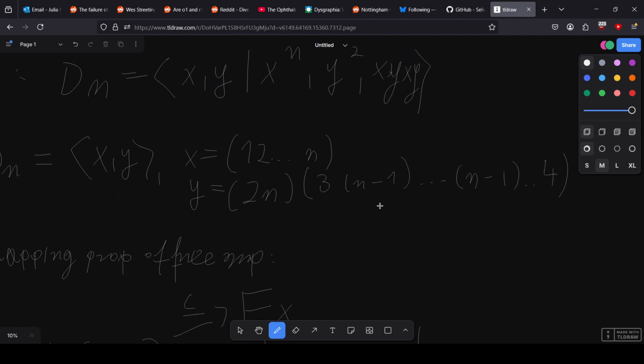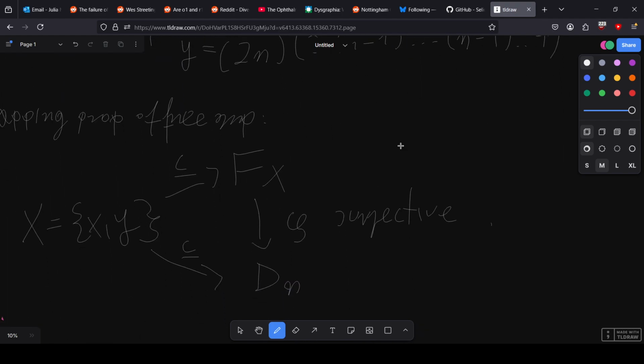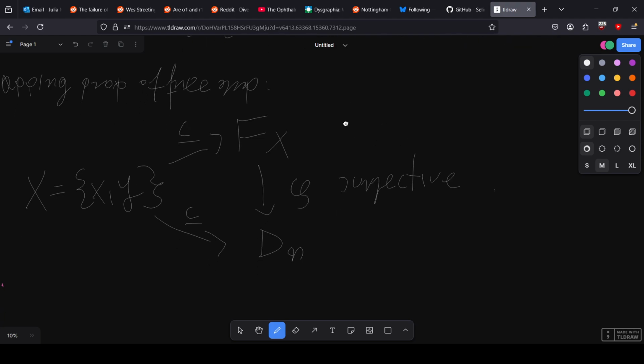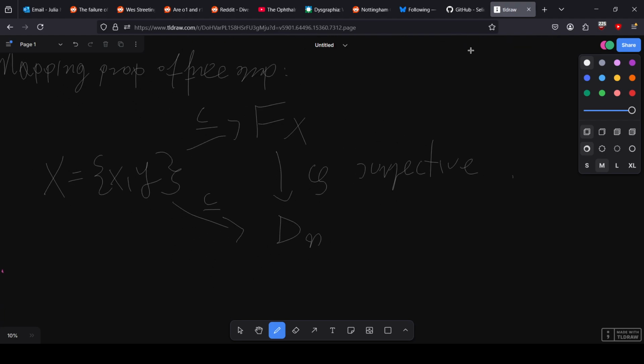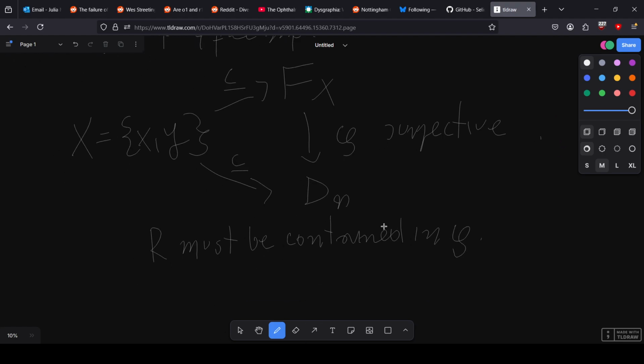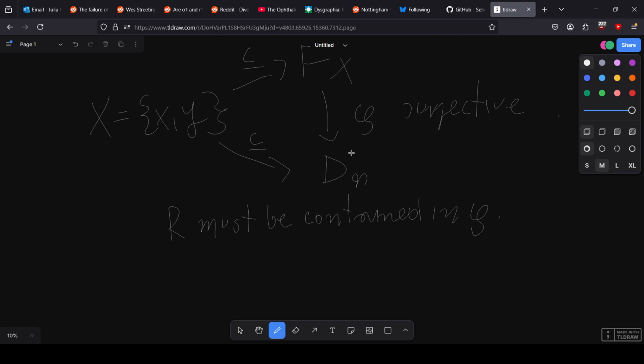Now, via the mapping property of normal subgroups, what am I saying? R must be contained in the kernel of phi. Well, why is that? Well, all of these relations are satisfied in Dn.